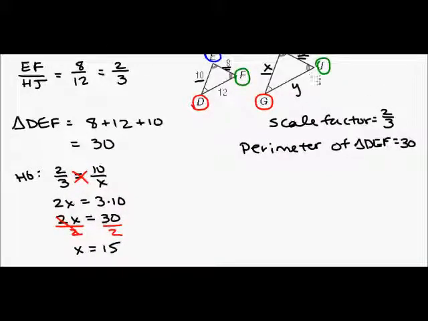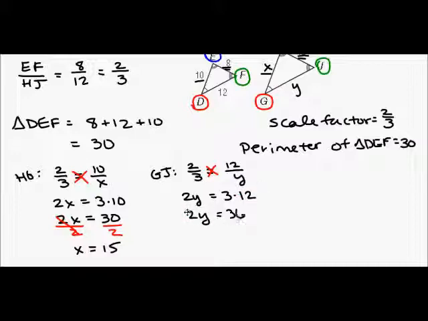Okay. Now to find GJ. Again, 2/3 equals, going to say 12 over Y. Cross multiply, 2Y equals 3 times 12. So 2Y is 36. Divide by 2, and Y is 18.